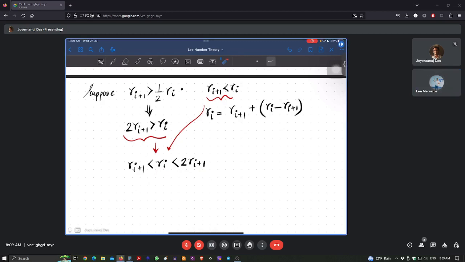Okay, let me tell you one thing. Suppose I am trying to divide m with n. Then what I write is m equals nq plus r, where q is the quotient and r is the remainder, right?